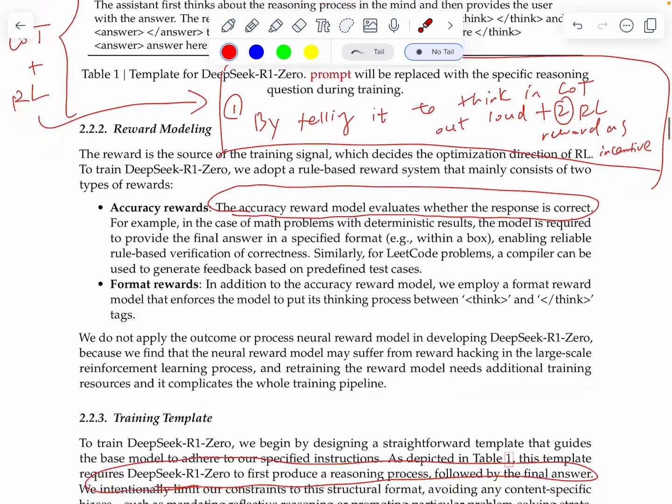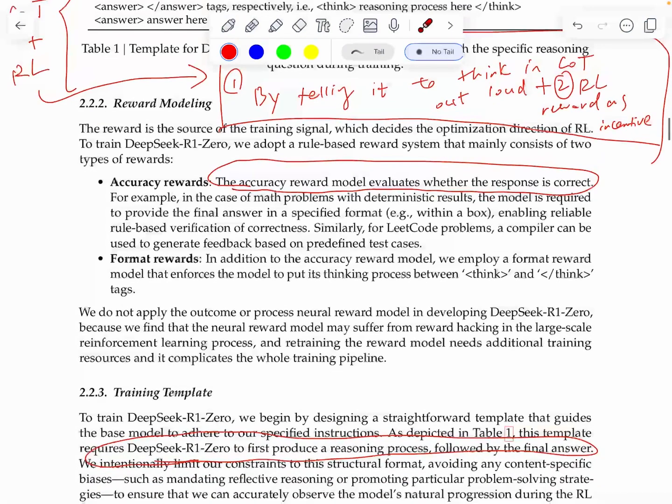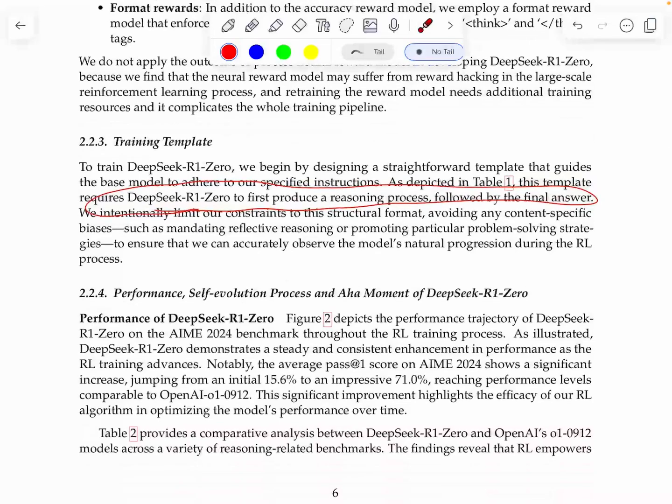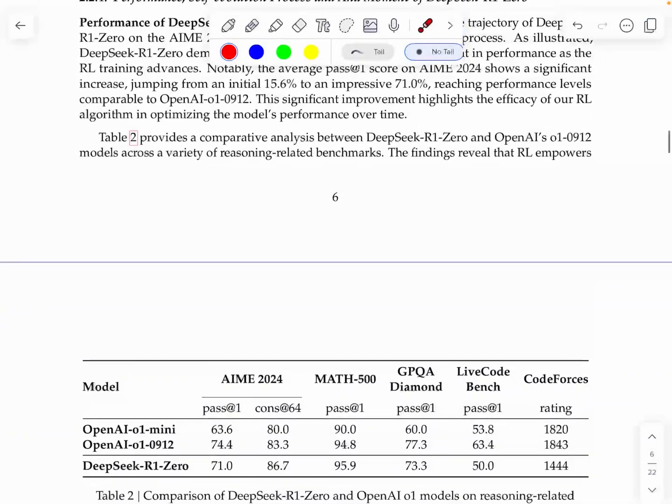We can see from other illustrations in this paper, in the accuracy rewards, the accuracy reward model evaluates whether the response is correct. You can see that DeepSeek R1-Zero first produces the reasoning process followed by the final answer, and that is still the workflow.